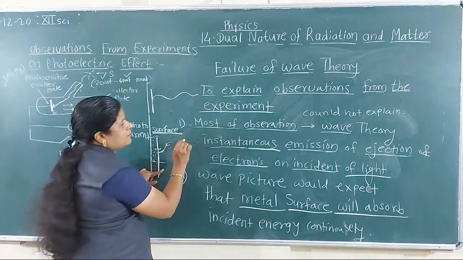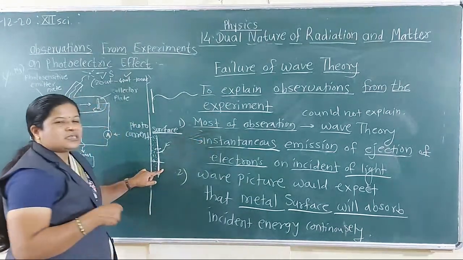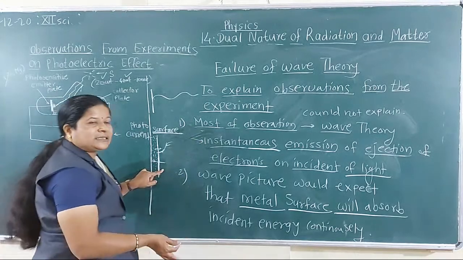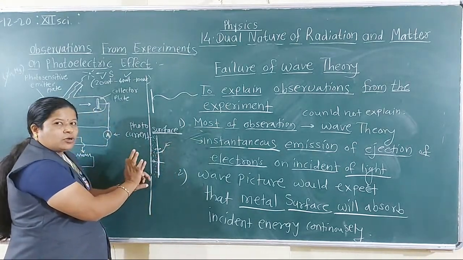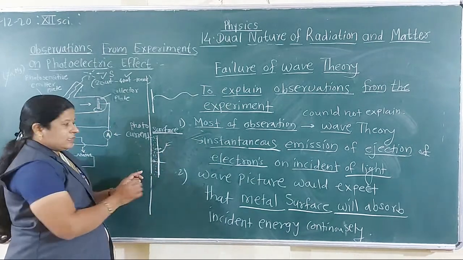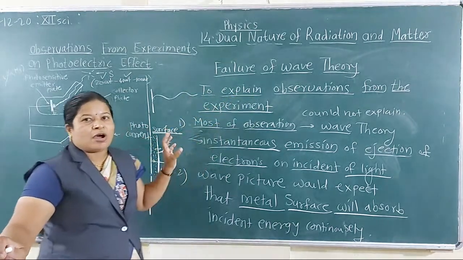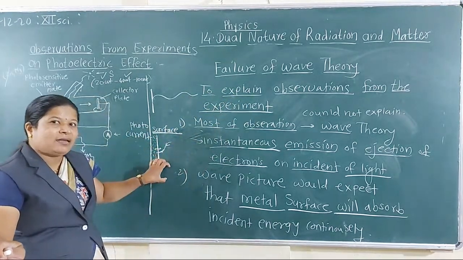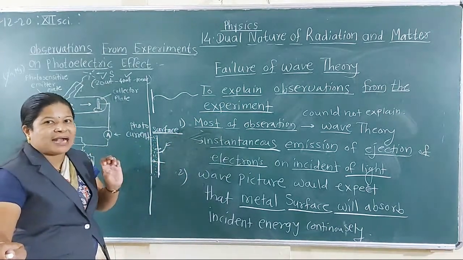That means the first point, that is this point, the electrons do not eject instantaneously as the incident radiation falls on the metal surface. These are the reasons that wave theory would not explain that the radiation is in the form of particles.